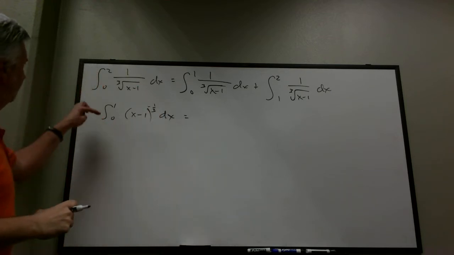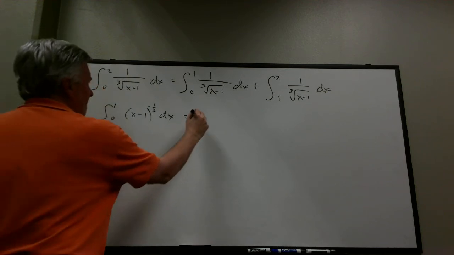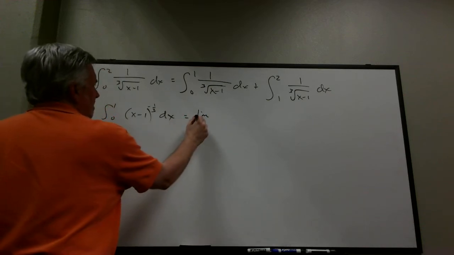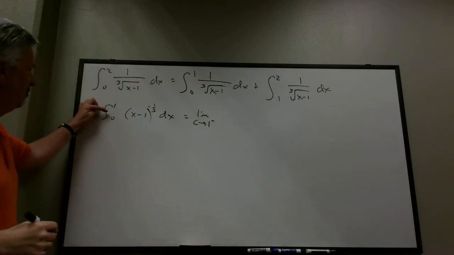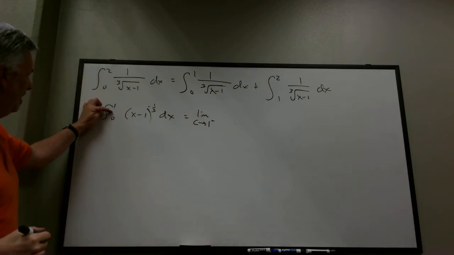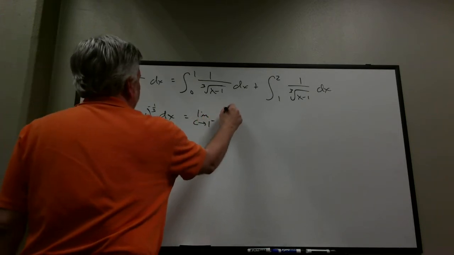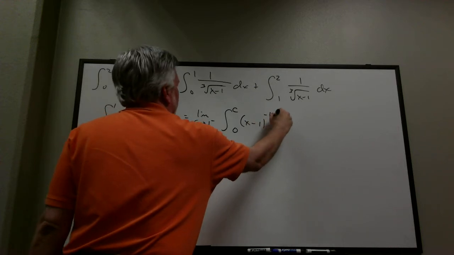Now remember, our infinite discontinuity here is at 1, so the definition says rewrite as a limit. So it's the limit as c approaches 1 from the left. So you imagine you're choosing a c in between 0 and 1, which means c is going to approach 1 from the left, of the integral from 0 to c of x minus 1 to the minus 1/3.